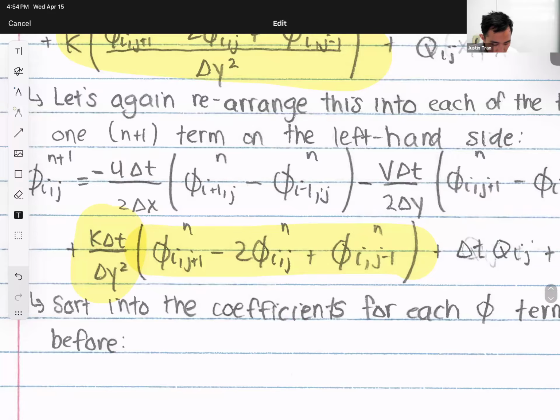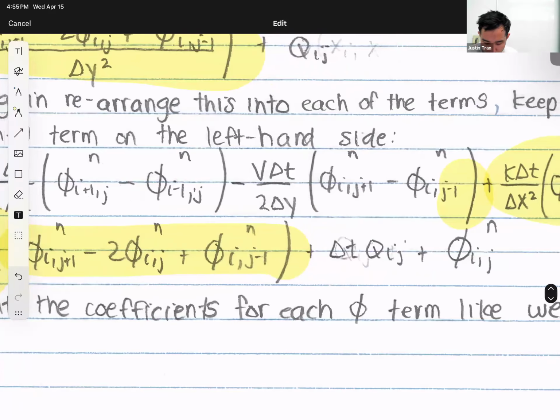And then finally, we have our source term. Our source term is very easy. There's not too much to implement here. It's just whatever our source function is multiplied by delta t.